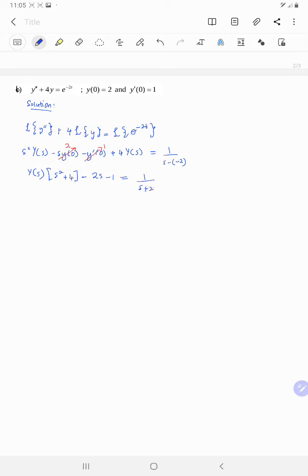Next, you simplify this because you want to get the capital Y(s). So simplify that first. So this is plus 2s plus 1. Right. Okay, simplify this. What do you get?